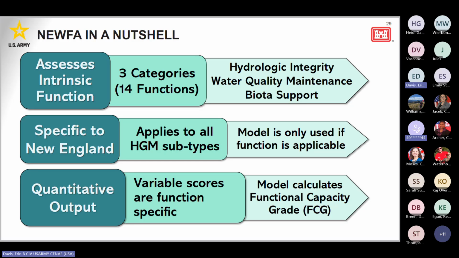So it's not an additive score for a wetland, but each function gets a rating of low, medium, high, and then also a numeric functional score. And it helps to inform appropriate compensatory mitigation ratios, as well as, again, generate performance standards for mitigation projects.